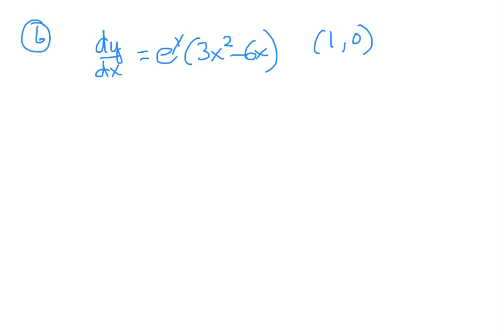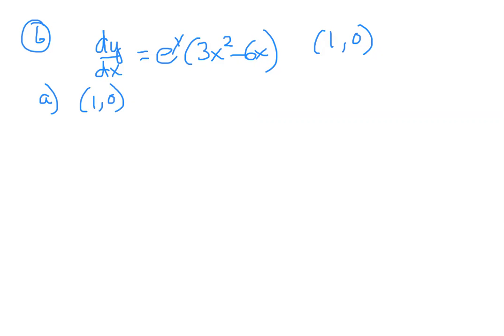Write an equation for the line tangent to the graph at the point 1, 0 and use it to approximate f of 1.2. All right, so to find an equation of a tangent line, we need a point and a slope. We have a point, which is 1, 0, and we need a slope.